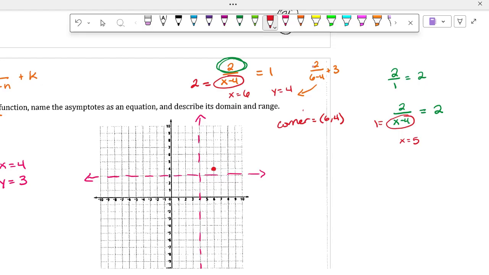If I plugged it in up here, I would have 2 over 5 minus 4 plus 3. So that would be 2 plus 3, which is what? 5. So another corner point would be 5, 5. So right here.